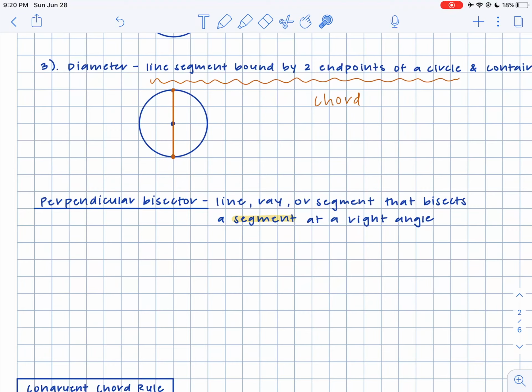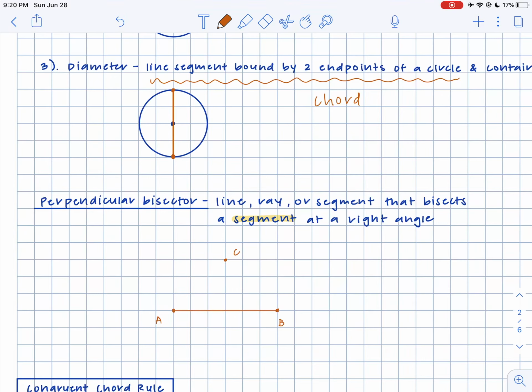A perpendicular bisector is a line, ray, or segment that bisects a segment at a right angle. Now what does that mean? Well, if we were given 2 points, A and B, what would be the distance between those 2 points? It would just be this line connecting them. That is the distance from point A to point B.